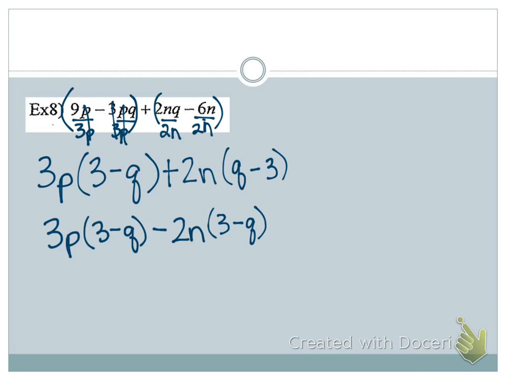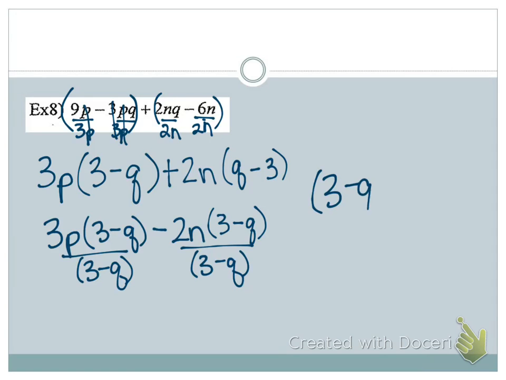Now that our parentheses match, we can factor some more. So now we're going to factor out that set of parentheses, 3 minus q. So for our final answer, we've got 3 minus q out in front of another set of parentheses, and I need to know what's going in that back set of parentheses.